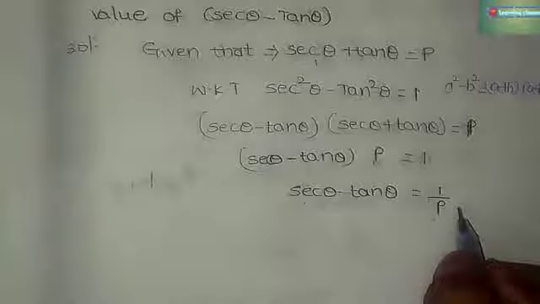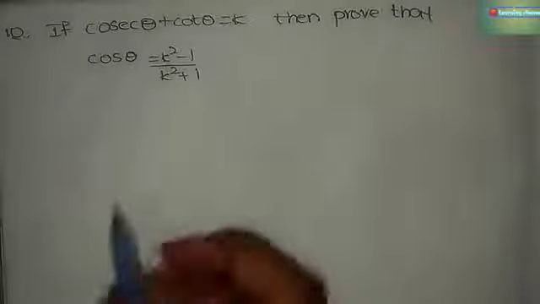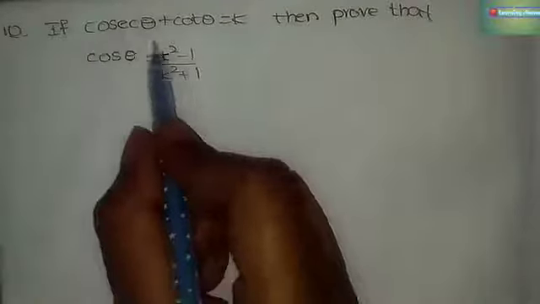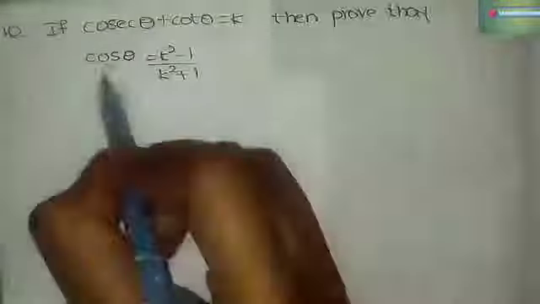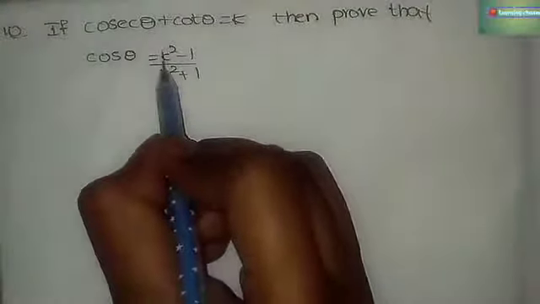We know the value of cosecant theta plus cot theta is equal to k. So k into cosecant theta minus cot theta is equal to 1. So from this, cosecant theta minus cot theta is equal to, it is multiplying. When it goes to this side, it will divide.